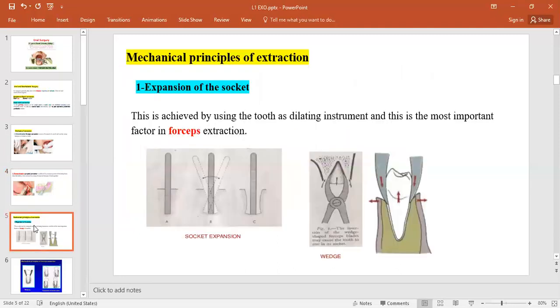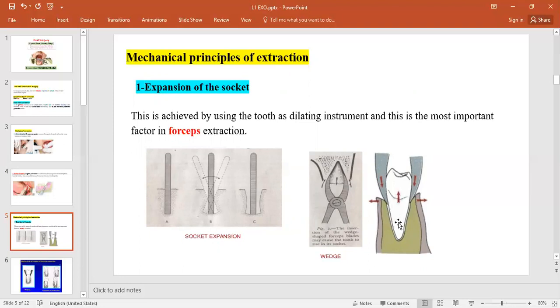Principles of extraction. The mechanical principles of extraction: how the forceps and elevators work. Number one, expansion. By dilating the socket, we move the tooth buccally, lingually, or labially, palatally, to dilate the socket for tooth extraction. We use the same tooth as a dilator.